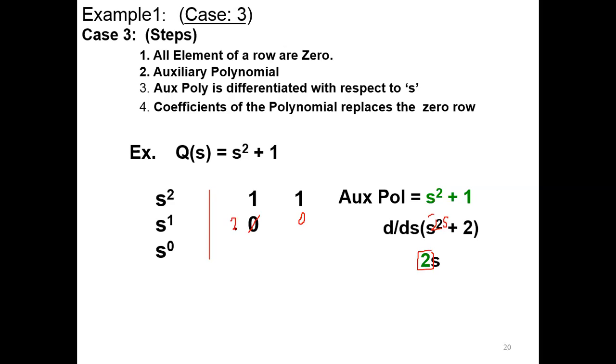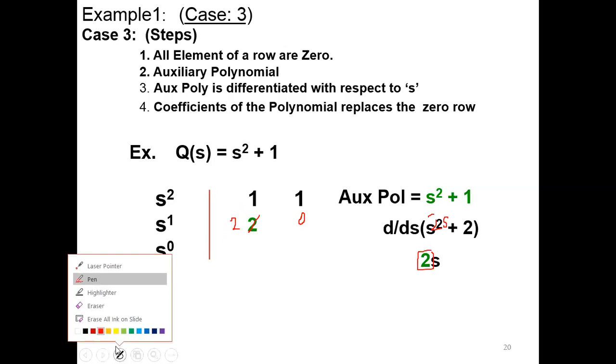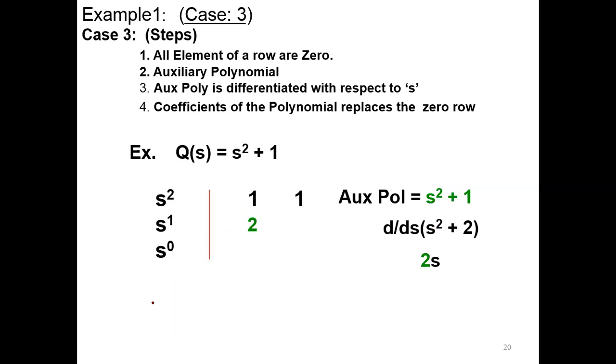Now we will complete our Routh table according to this 2. So this 0 is replaced with 2. We have solved this Routh table using this 1 and 2. Minus 1 over 2, 1, 1, 2, 0.